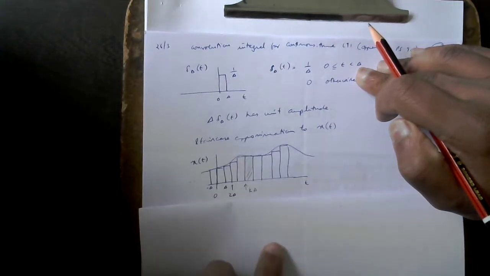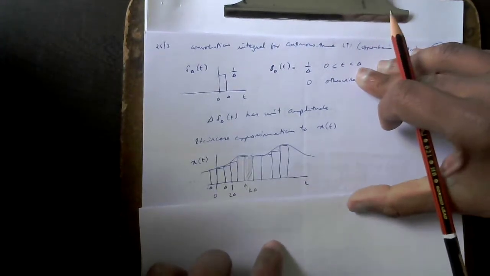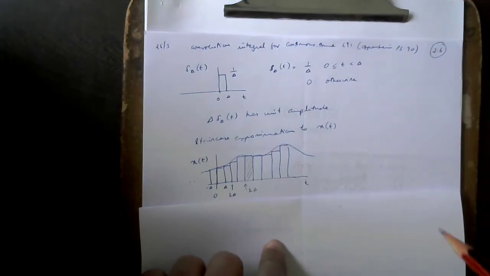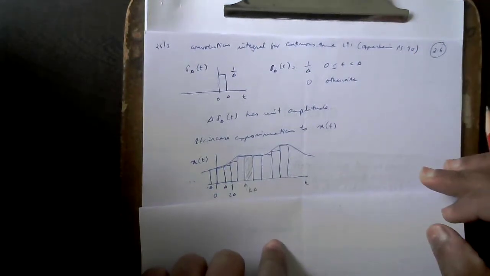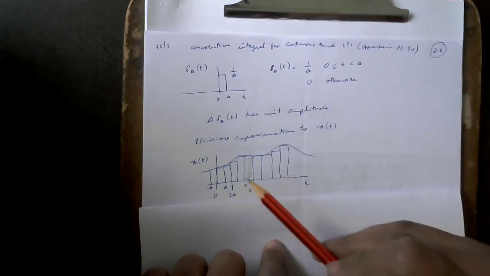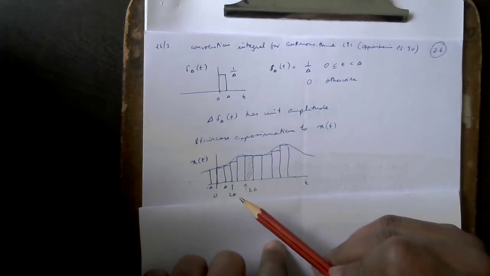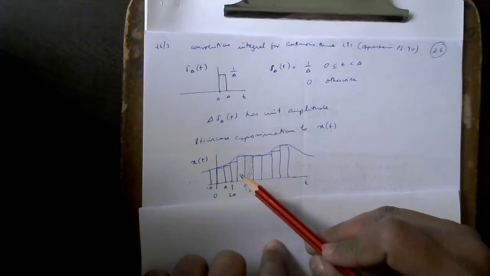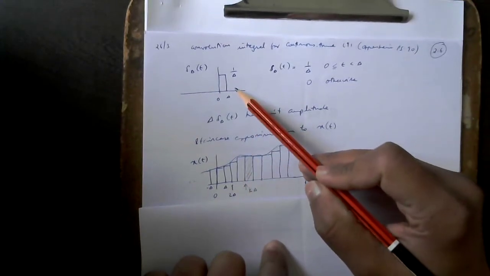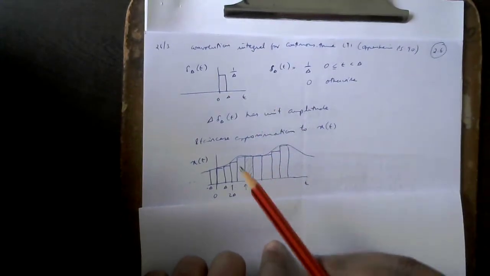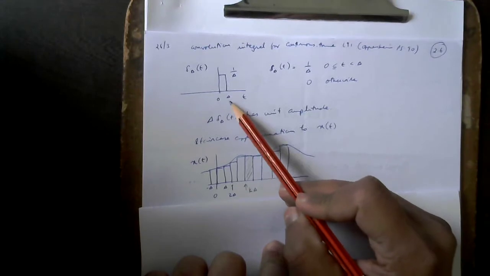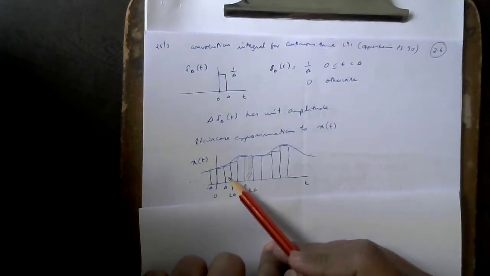So the development of the continuous time convolution stems from being able to approximate a continuous time function x of t using these shifted delta delta functions, that is short pulses of width delta. So here you can see how it is done.